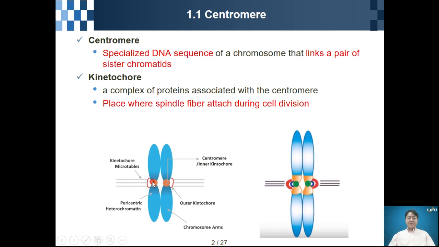Next to the centromere, there is a kinetochore. The kinetochore is composed of the inner kinetochore and outer kinetochore. Usually the kinetochore is a complex of proteins associated with the centromere.